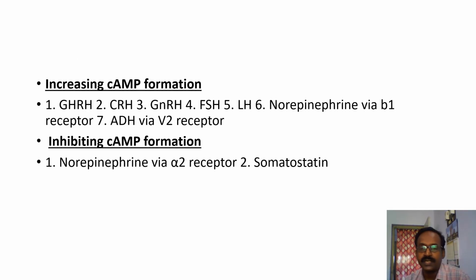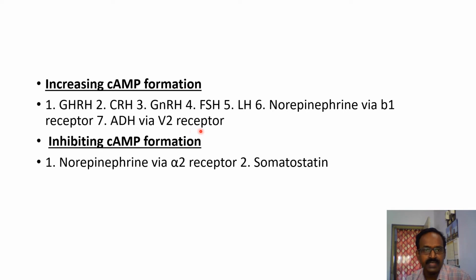So in this slide, we are going to see what are the hormones that act through the second messenger, cyclic AMP. The increasing cyclic AMP formation is activated by the growth hormone releasing hormone, corticotrophin releasing hormone, gonadotrophin releasing hormone, follicle stimulating hormone, luteinizing hormone, norepinephrine via beta 1 receptors, and antidiuretic hormone via V2 receptors.